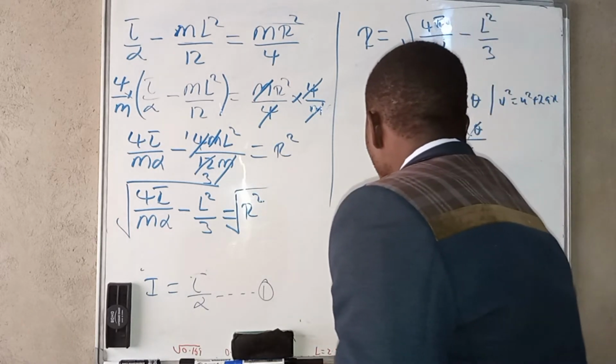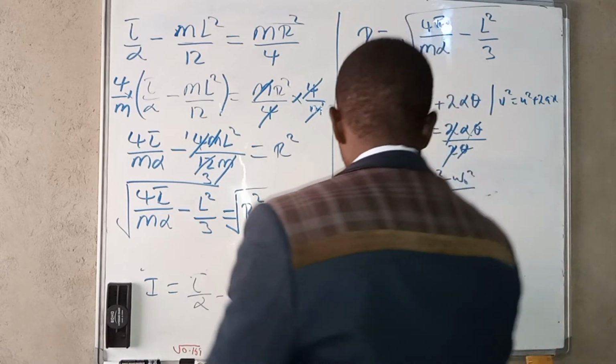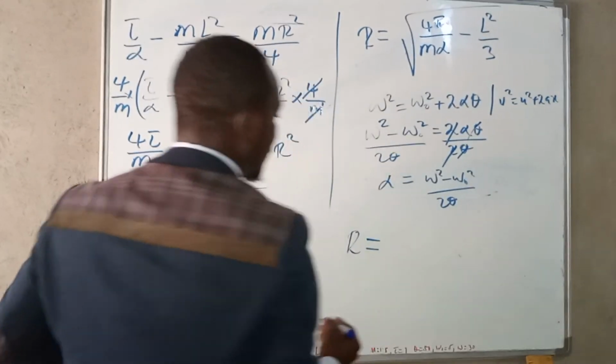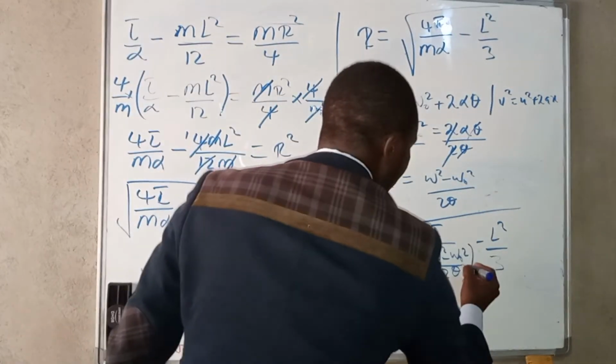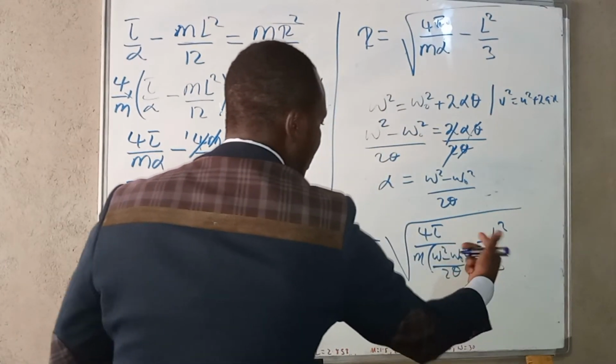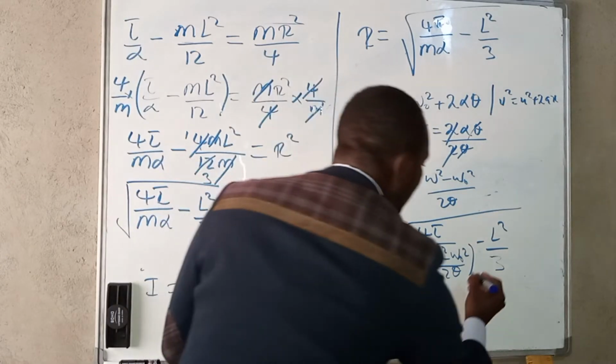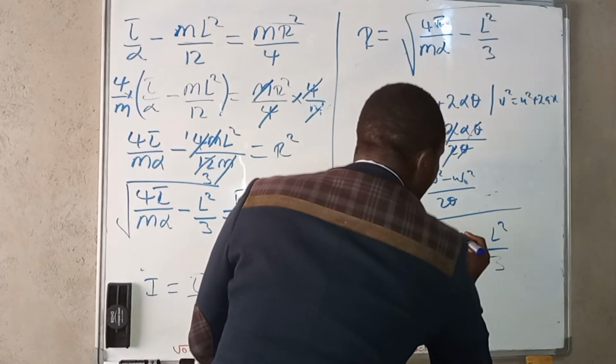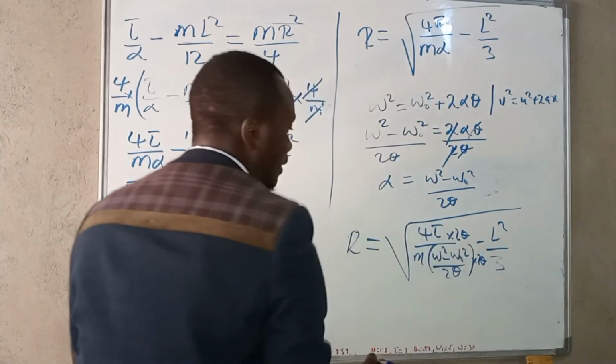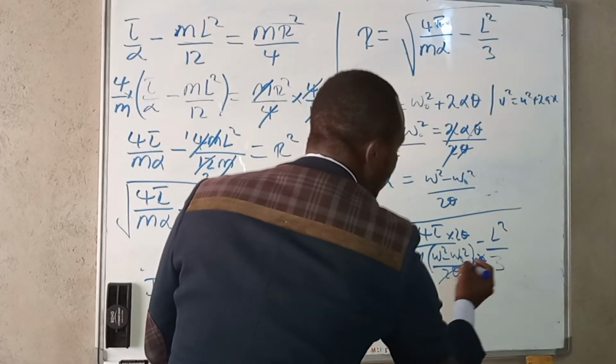So putting this into this, we have R. If we multiply this part by 2 theta, the denominator and numerator will have 2 theta times 2 theta, so this and this will go.